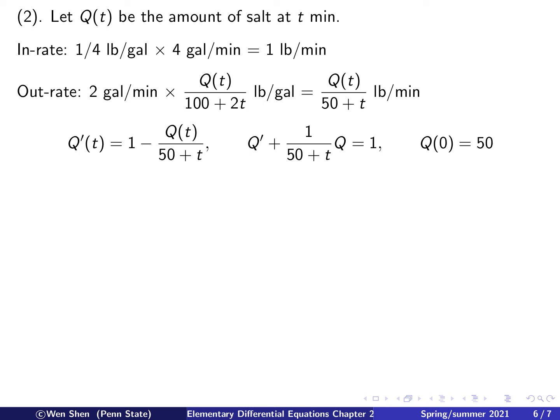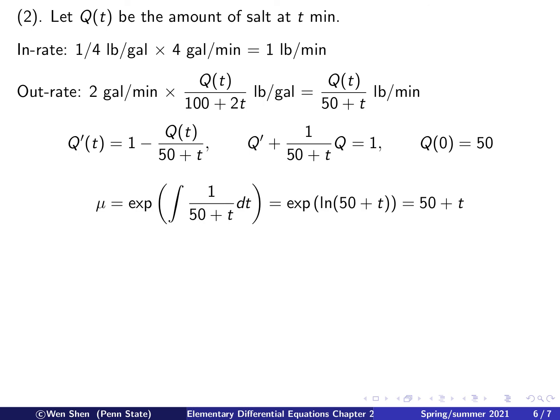Okay, so we see that again, this is a linear equation. Let's write it in the standard form. That is, we'll move this to the left-hand side. Then we have this equation here, where this is the P and this is the g per our formula. And the equation comes with an initial condition. So we know that initially there are 50 pounds of salt in the tank.